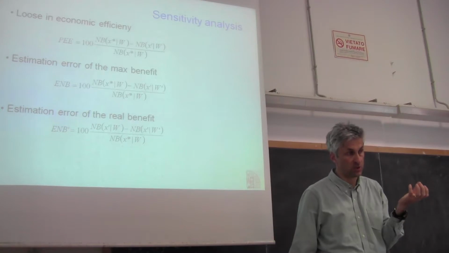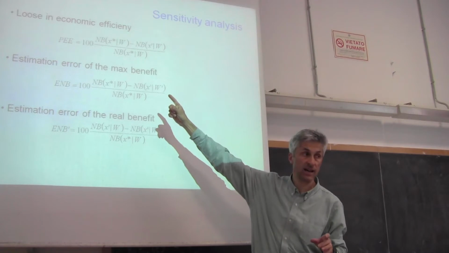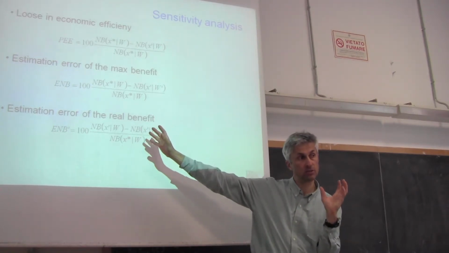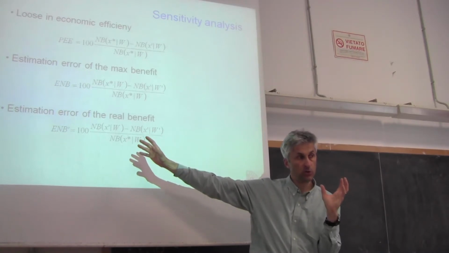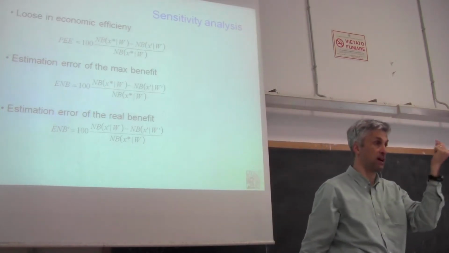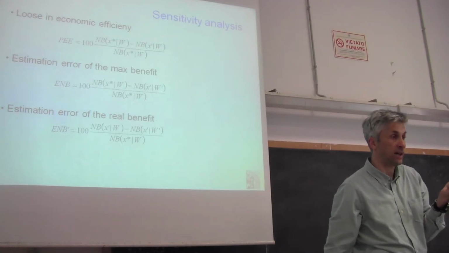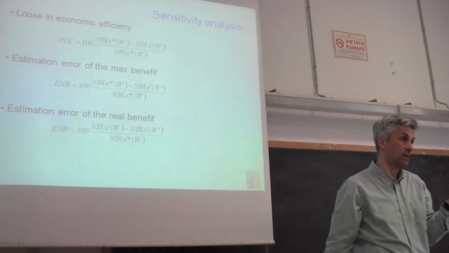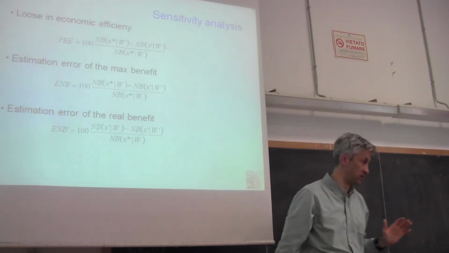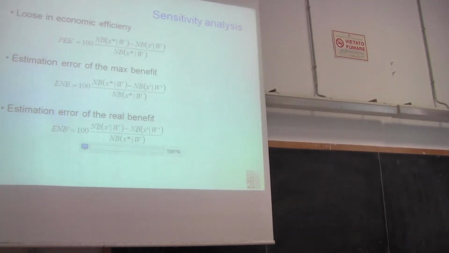Why is it always positive? Because if x star is the optimal allocation according to the parameter vector W, of course, if it is the optimal allocation, it means that it gives the highest benefit. If you change the allocation from x star to an x prime that is different, then you get a decrease in benefit. So the numerator is always positive. Perfect.